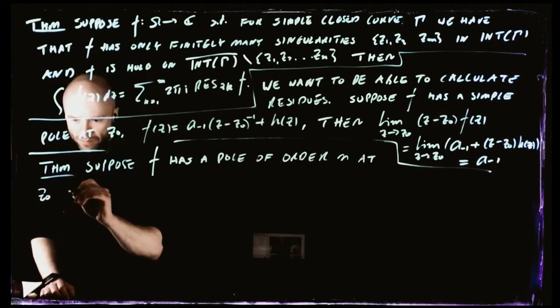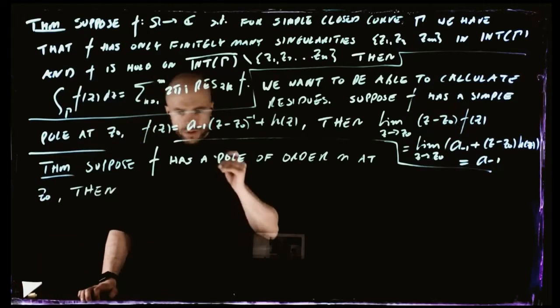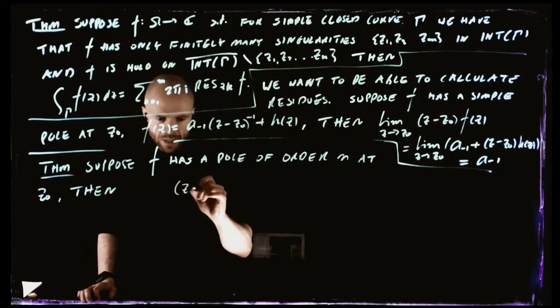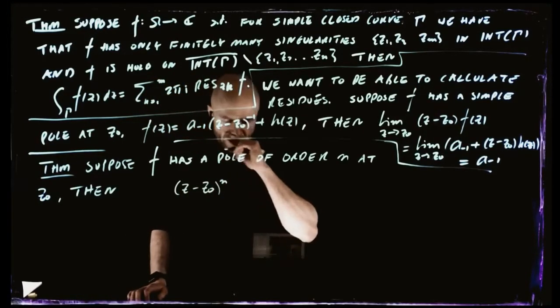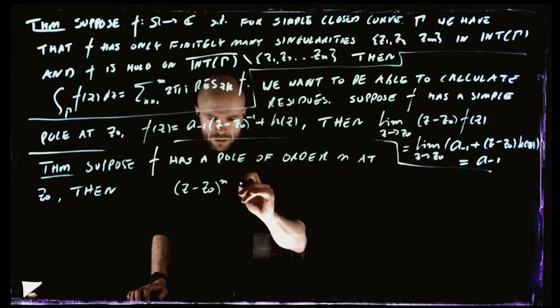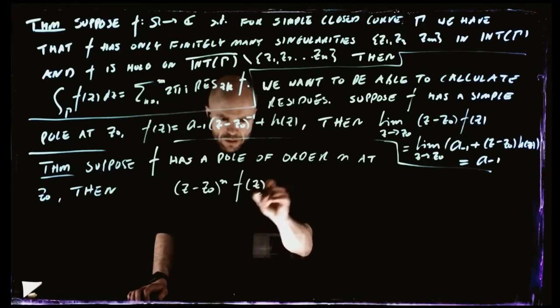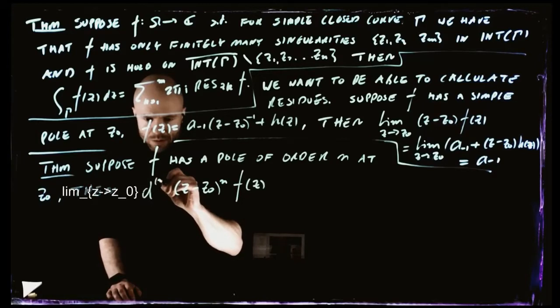Then we're going to get the formula by taking (z minus z0) to the n and multiplying this by a function like this. And then we want to differentiate this n minus 1 times.